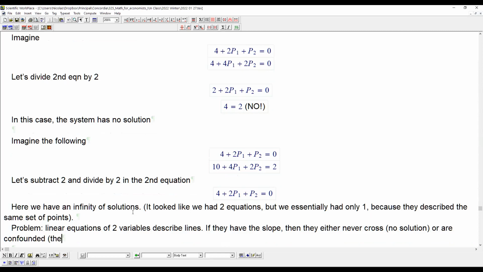They are the same line. So they have an infinite amount of solutions.